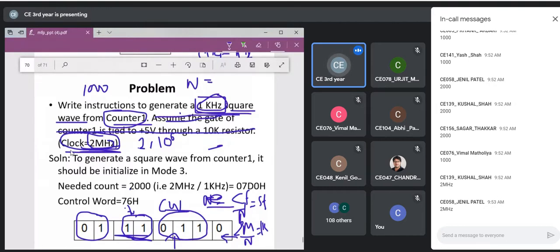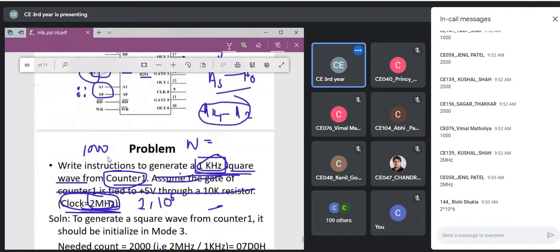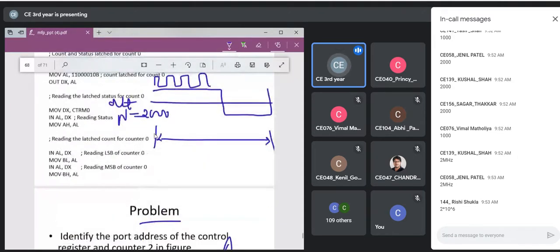What is the meaning of that? The clock will have 2 mega pulses in a second. Are you getting the point? So in 1 second, I am having 2 mega pulses of clock. That is what my clock frequency is.